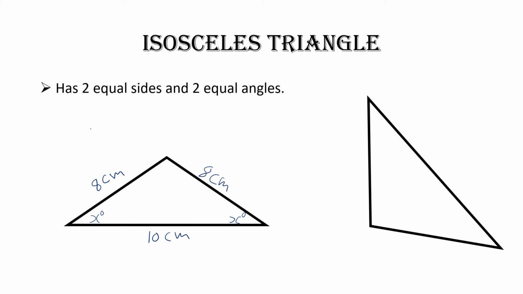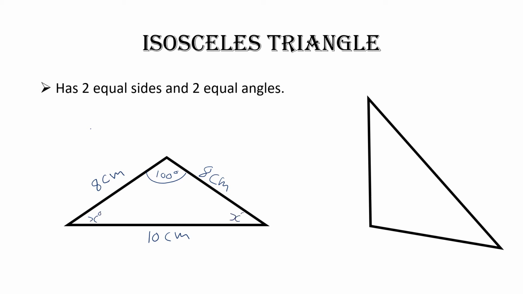But yes, so here we know that if these two sides are the same, I want us to observe that these two angles will be the same. As I was playing with the idea earlier, that is why we need to understand the sum of interior angles. If we know this triangle is an isosceles, I could tell you, let's say, this angle is 100, and then ask you to find x.